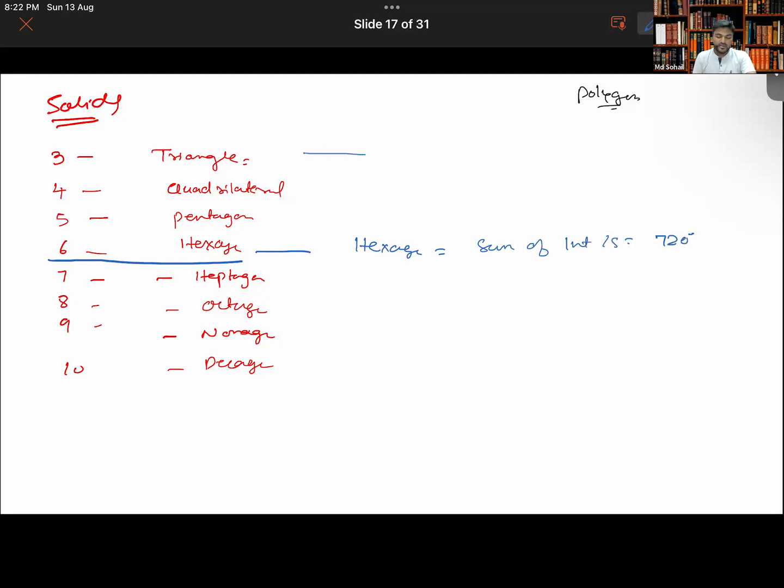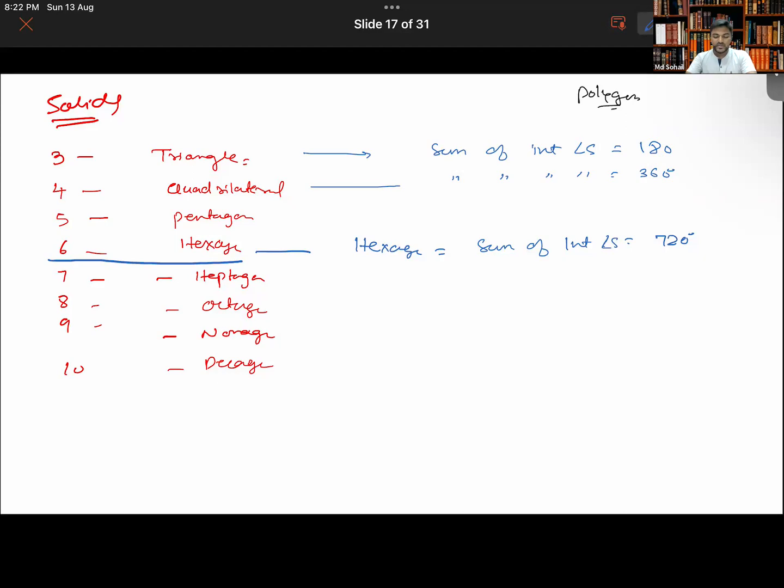Now, if you look at this triangle, what is the sum of all the interior angles? 180, obviously. Then a quadrilateral: what is the sum of interior angles going to be? 360 degrees.